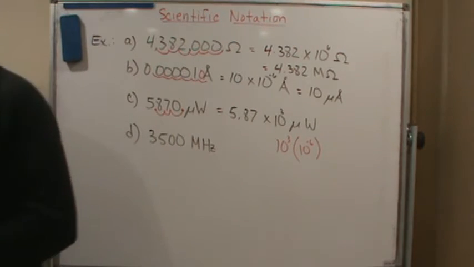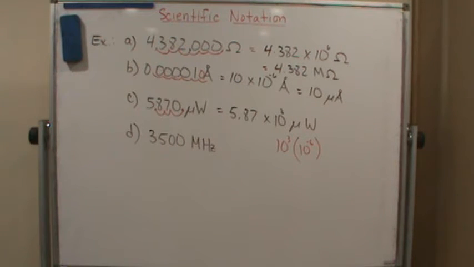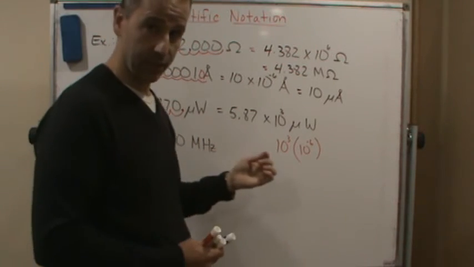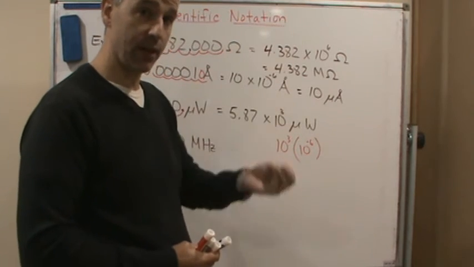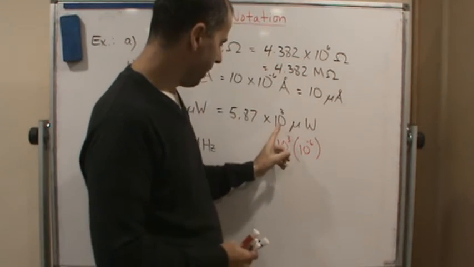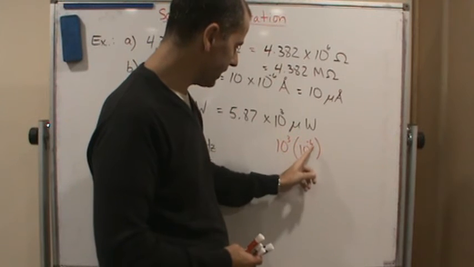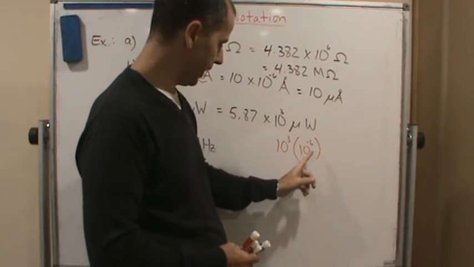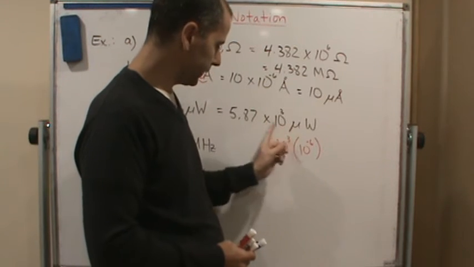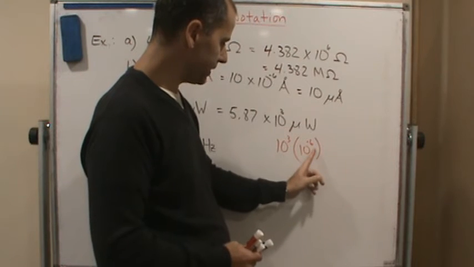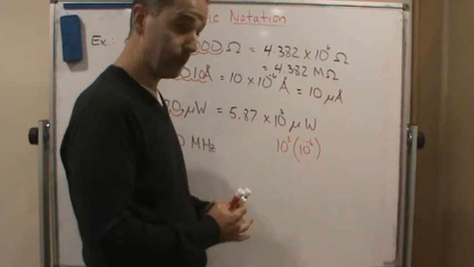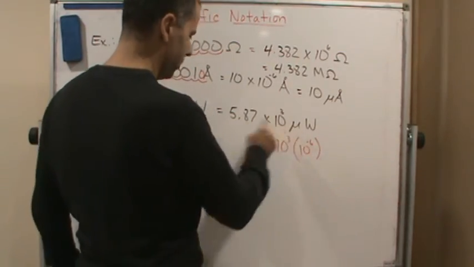So what magnitude is 10 to the negative third? That's going to be milli. That's 1/1000th, just like millimeter. Millimeter is 1/1000th of a meter. So if I have 10 to the third, and I know micro means 10 to the negative sixth, and if I combine these, because it's multiplication, this is going to be 3 plus a negative 6, which gives me negative 3, which now goes from micro to milli.